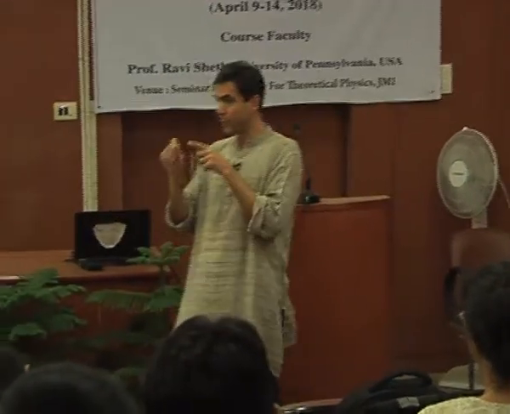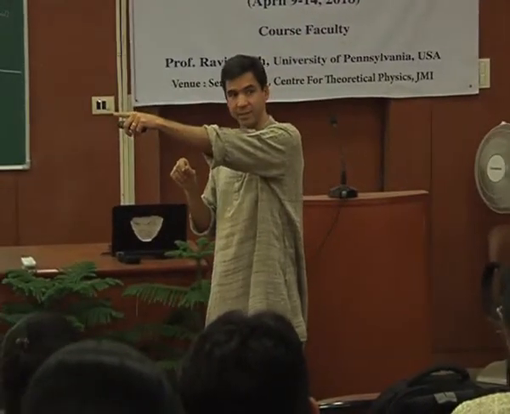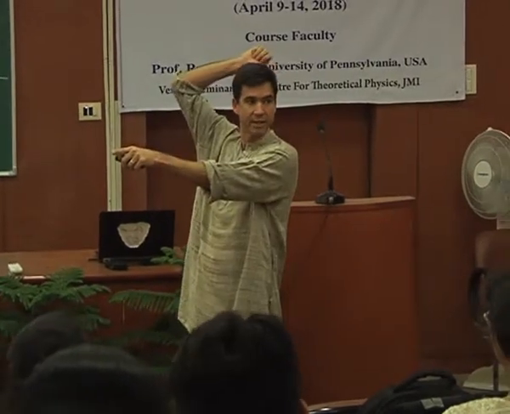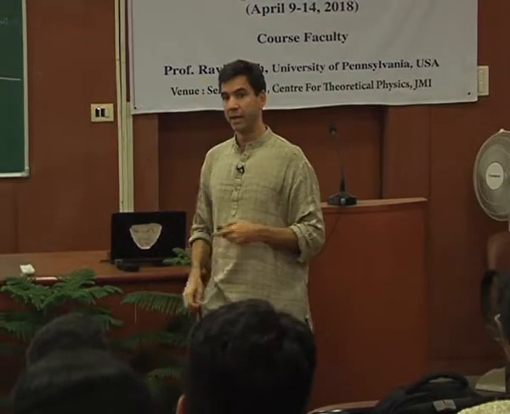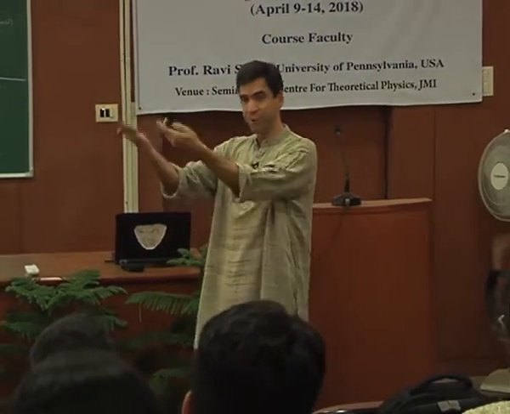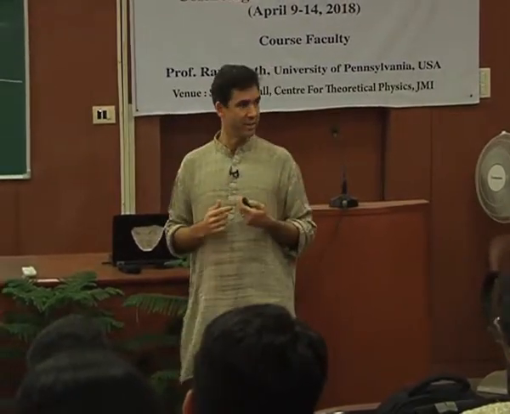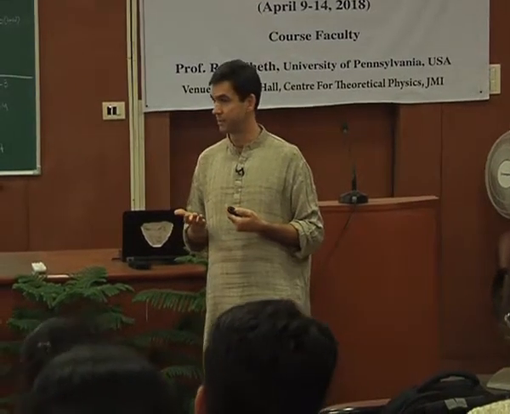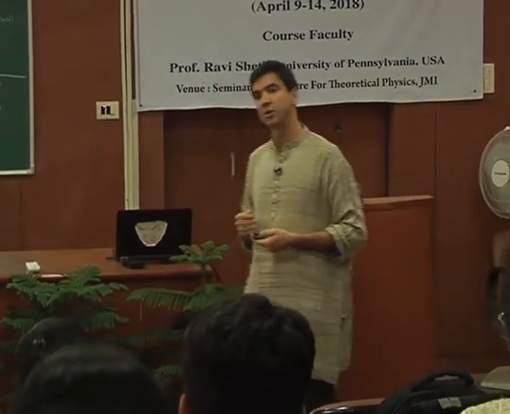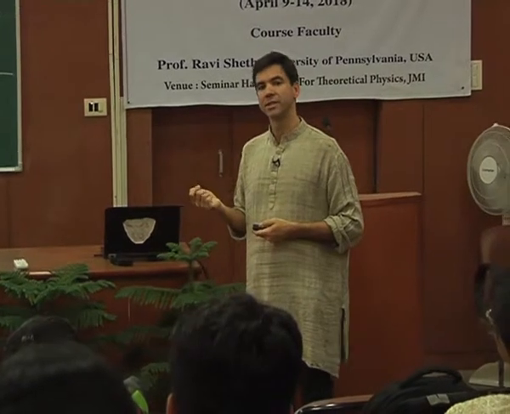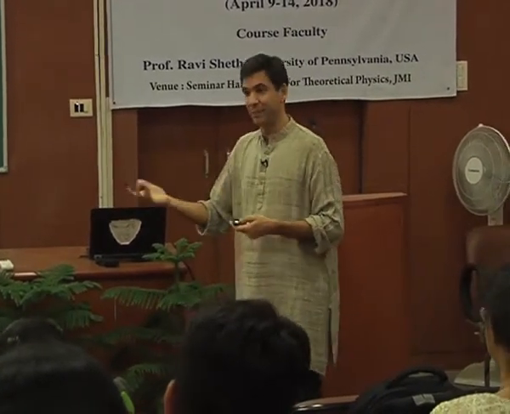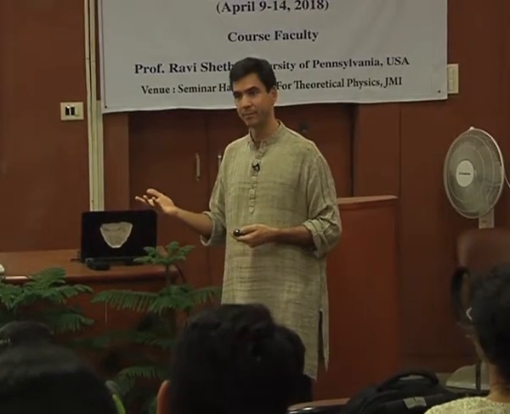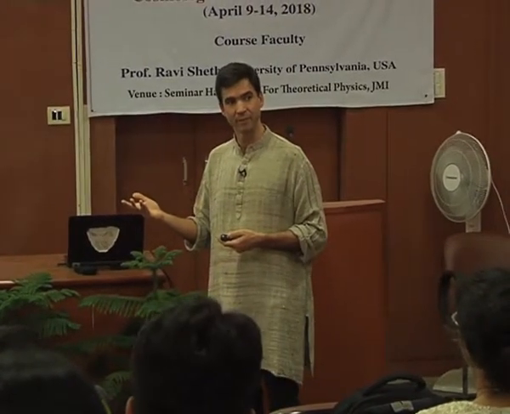If the electron is moving this way, then it will see all the photons to have higher temperature in this direction and lower temperature in that direction. So it will see a blue shifted or a red shifted CMB. And so each electron sees a Doppler shifted black body spectrum because of its motion.